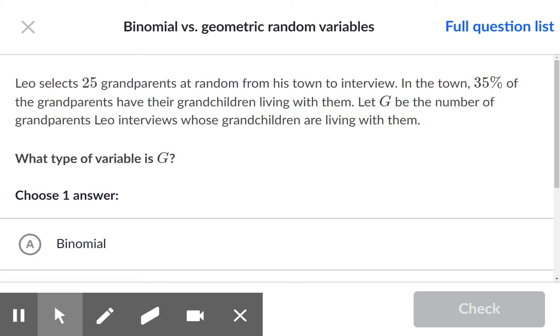The number of trials is fixed for binomial. And here is T: the trials are unknown. They don't tell you the number of trials or what n is. There's no n.